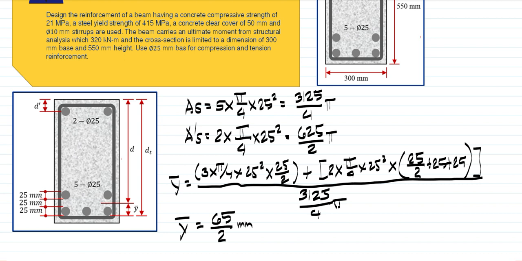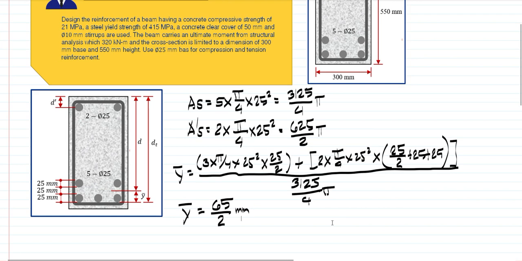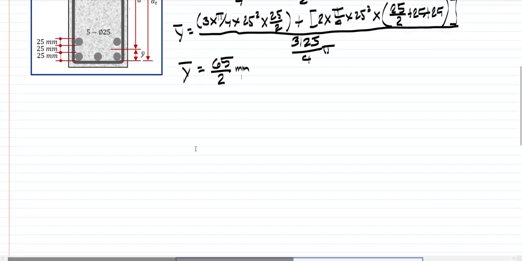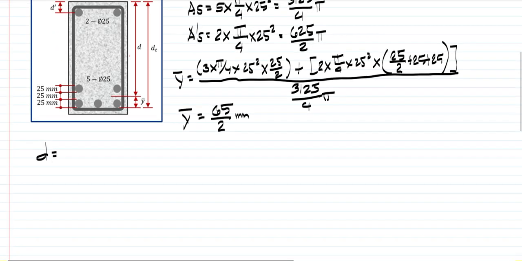So now we can proceed in getting its effective depth. So for our effective depth, syempre, so that will be equivalent to, so ito naman yung effective depth natin hanggang dun sa centroid. So kailangan lang natin ibawas dyan yung clear cover na to, yung stirrups, ito, at yung Y-bar itself.